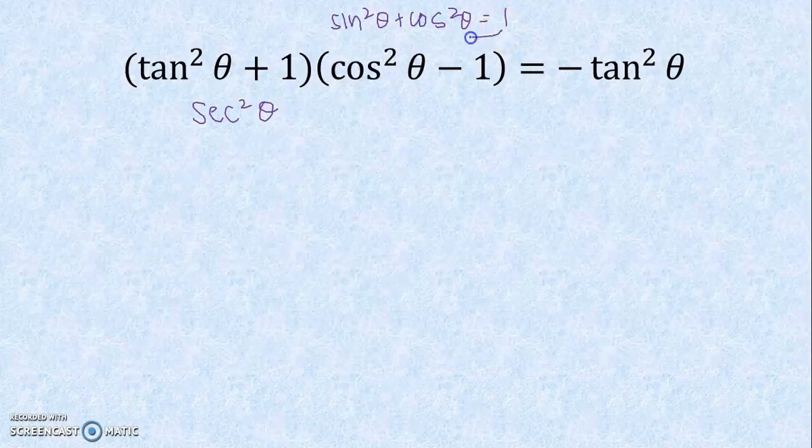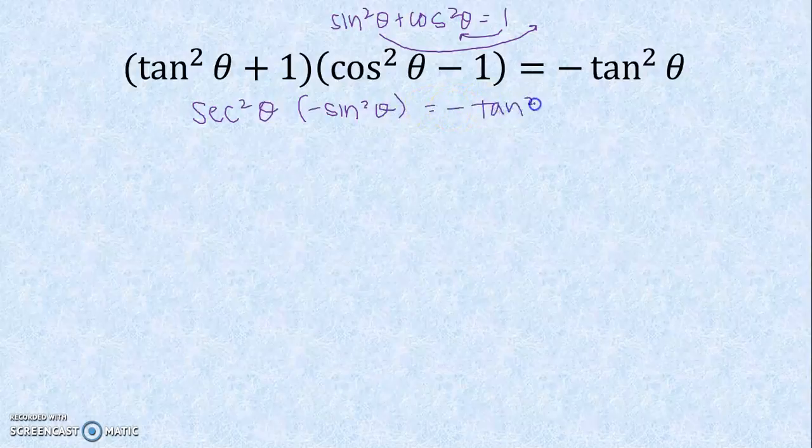If I bring my 1 over so that it's cosine squared minus 1, and then of course taking my sine squared over so that that's all that's on that side, I end up with a negative sine squared on that side. Definitely already much more simplified.